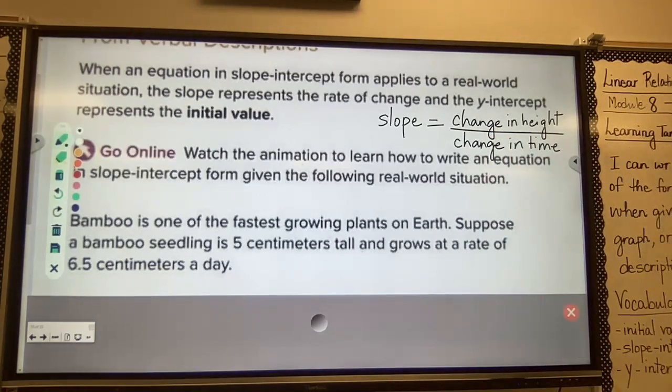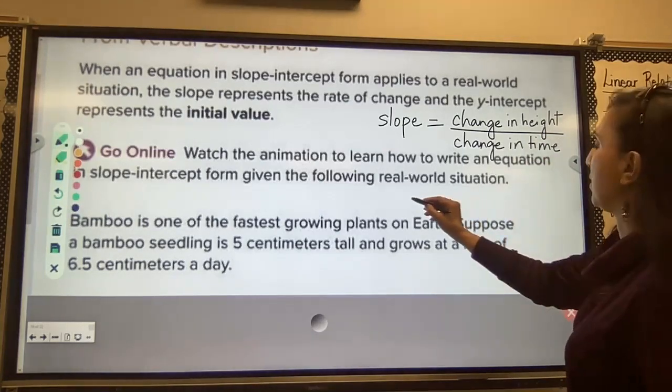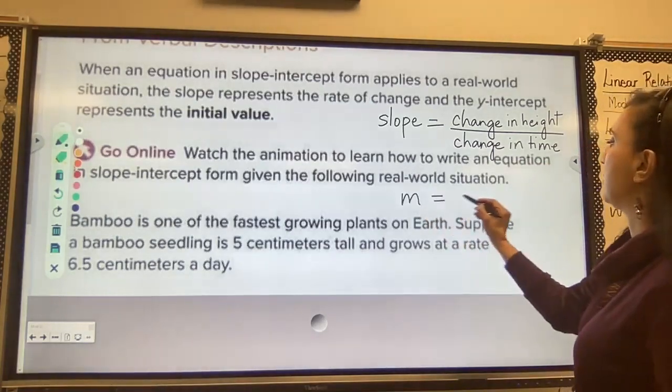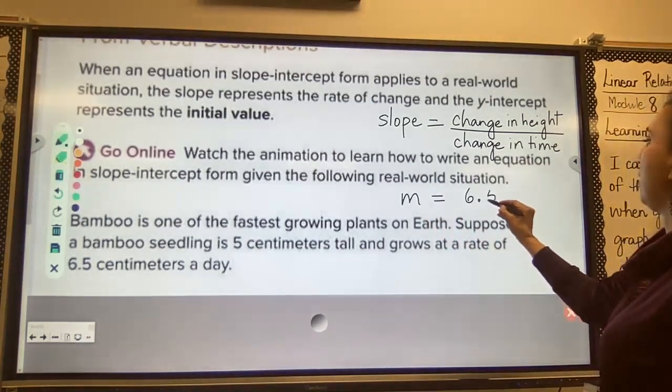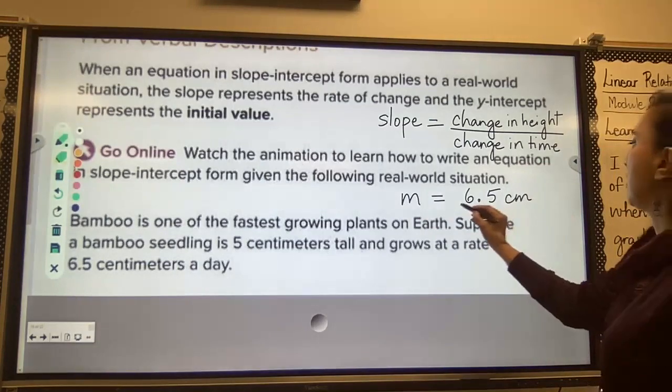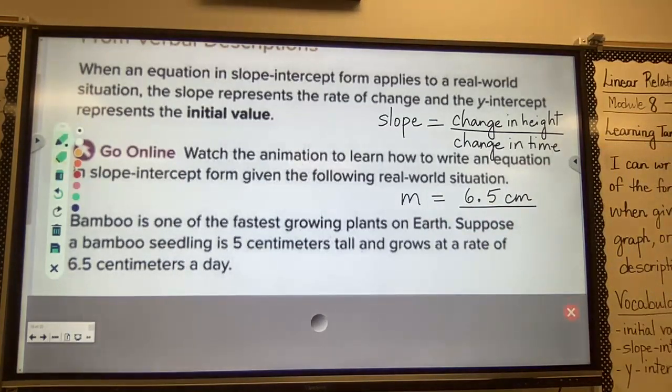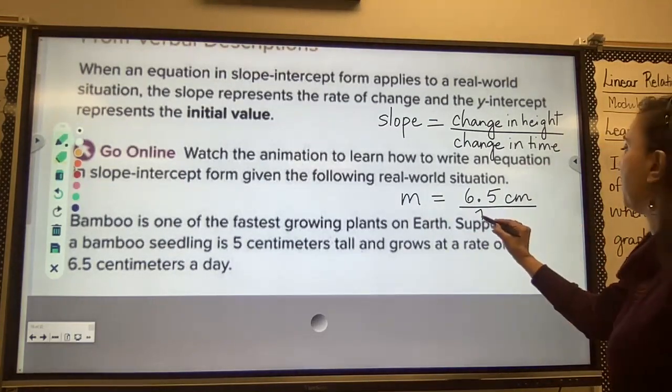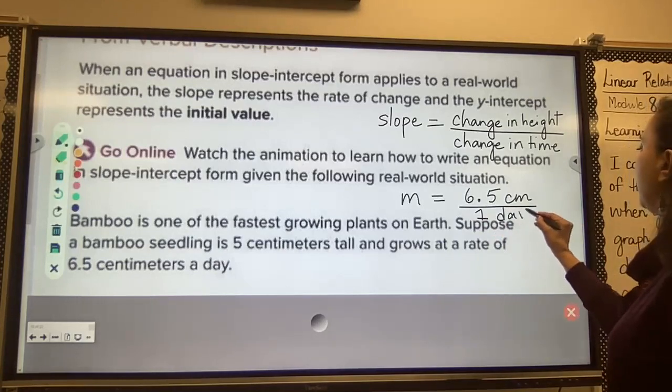So if I'm writing m, what is my change in height? It is 6 and 5/10 centimeters. Okay, so m is 6 and 5/10 centimeters, and change in time is 1 day.